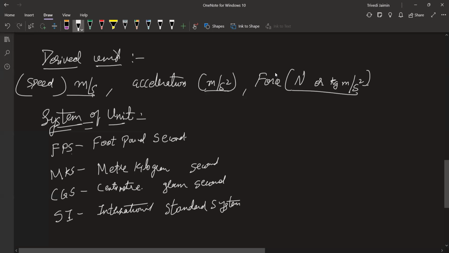So here F, here M, and here C are for length. Pound, K, and G are for mass. Here S is for seconds. The seconds was maintained all over the world, right? There is nothing other than seconds.